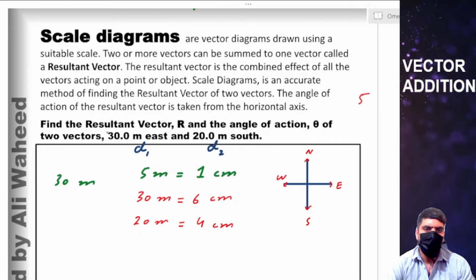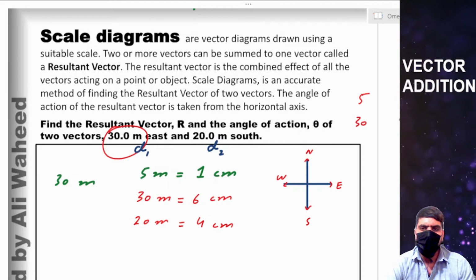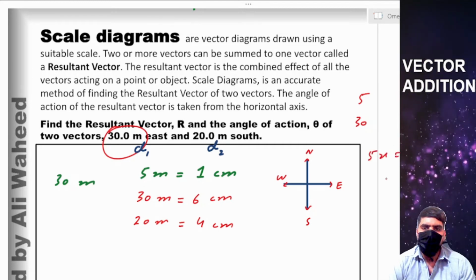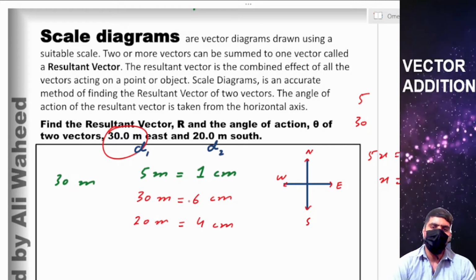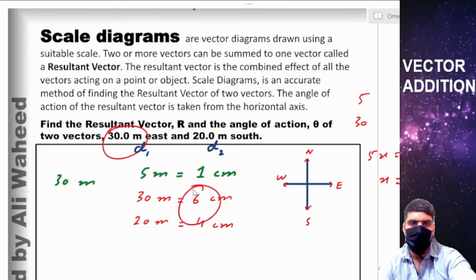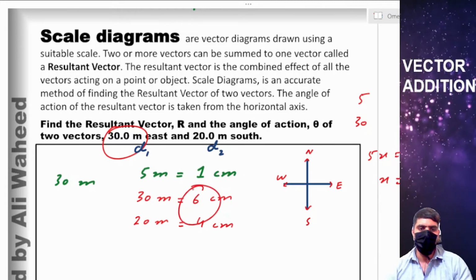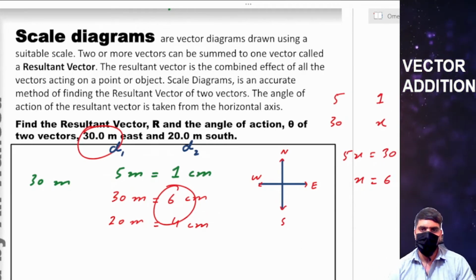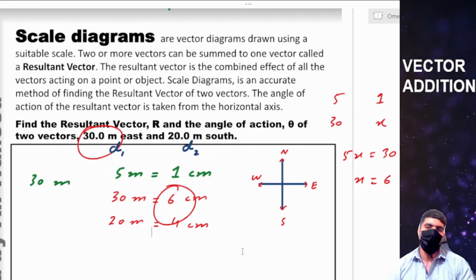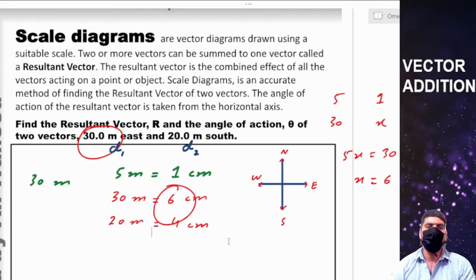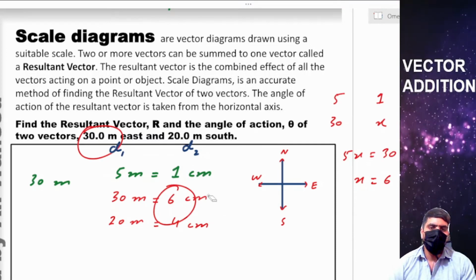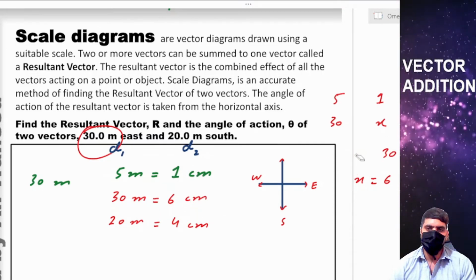Now you have to represent 30, so 30 would correspond to x. From there you cross multiply and find the value of x, so you can write 6 here. You can simply cross multiply to find the value to be represented in centimeters.